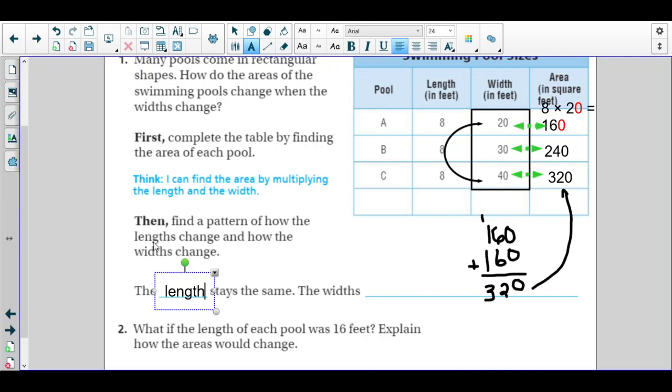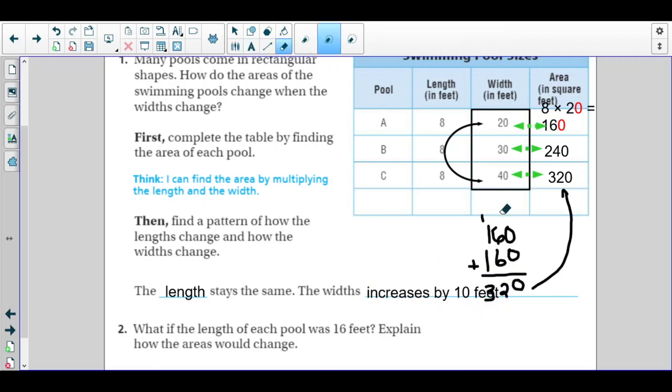Find the pattern of how the lengths change and how the widths change. So we weren't really looking at the area yet. The length stays the same, and the width increases by 10 feet.